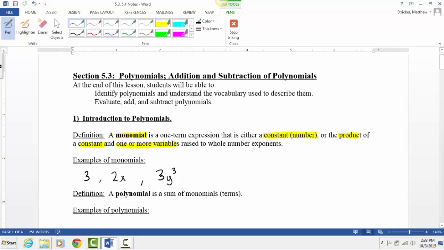So there's a constant with a variable raised to a power. And you could have even terms like x squared, y to the 5th power, z to the 3rd. So that's 3 variables raised to 3 different powers, all multiplied together. These are all monomials. They're all one term.